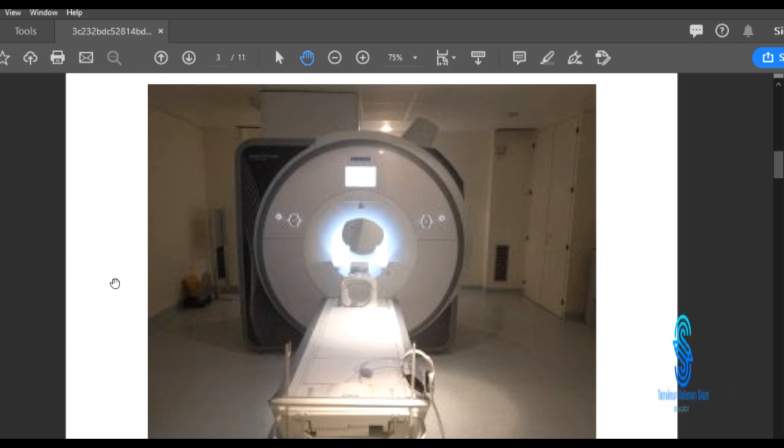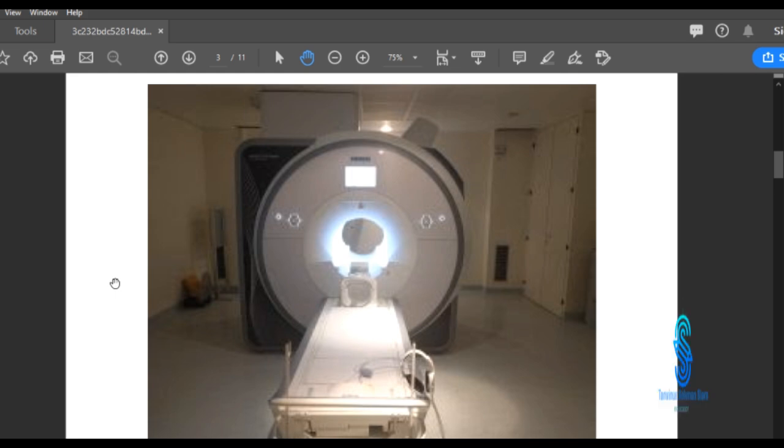This type of image is commonly used in research, medical diagnostics, and to understand brain functions and abnormalities.